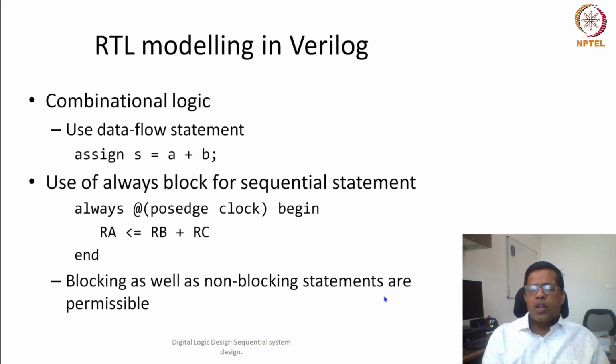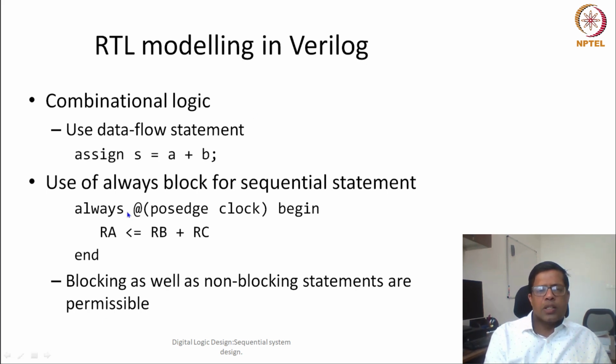While doing RTL modeling, we also have to make sure that the sequencing of the operations is well defined. Either it is defined using this always block, or you have to design a separate state machine, and that state machine has to be implemented in some part of the sequential circuit.